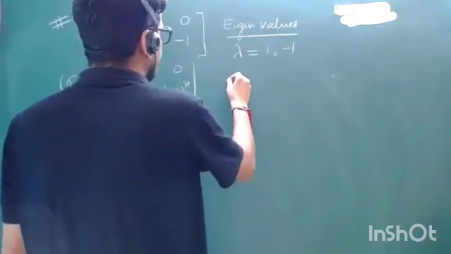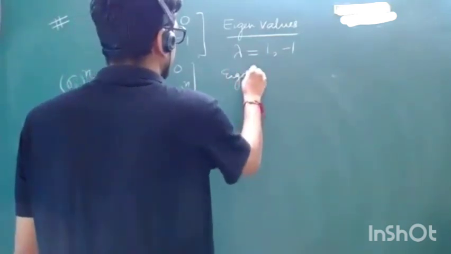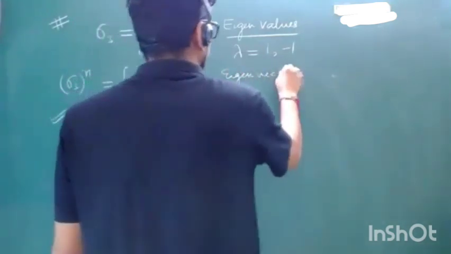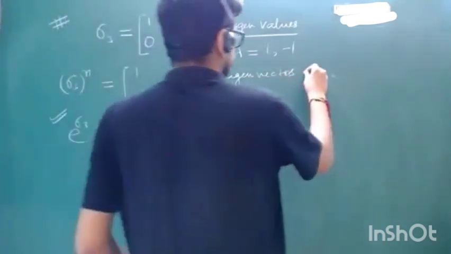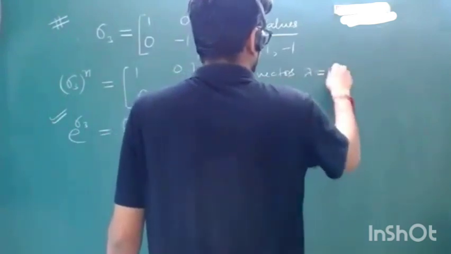So eigenvectors I will write. Eigenvectors corresponding to 1 will be what? 1 0 sir.